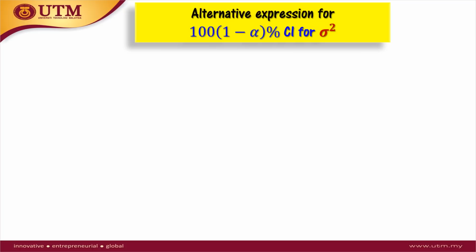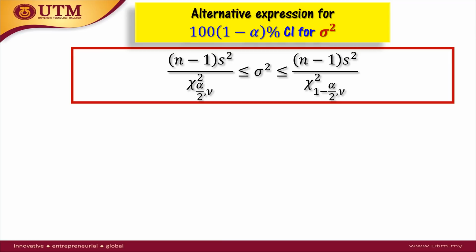An alternative expression for the 100 times 1 minus alpha % confidence interval for the unknown population variance sigma squared is as follows. We can write it like this, where the inequalities are written in the formula with the sigma squared notation in the middle.